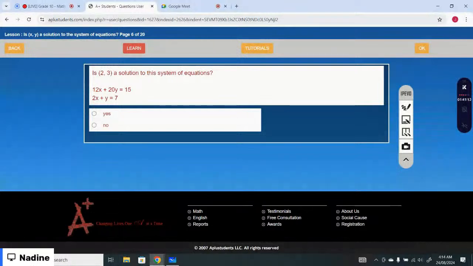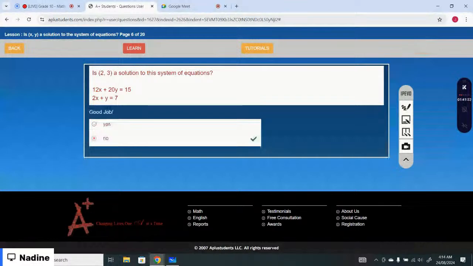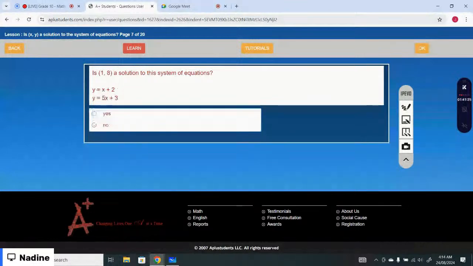The correct option is no. 2, 3 is not the solution of the system of equations, right? The correct option is no. Is 1, 8 a solution to this system of equations? Which is the correct option?